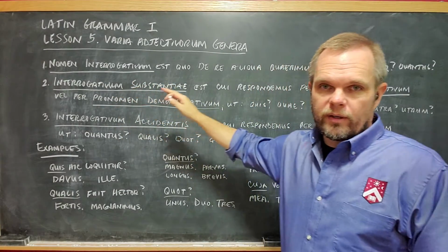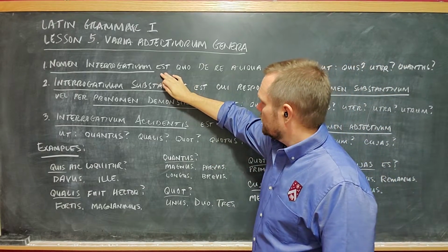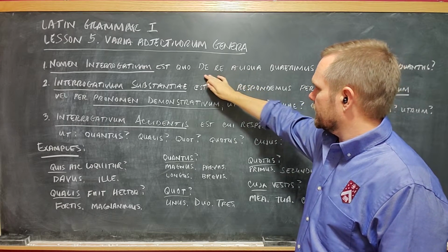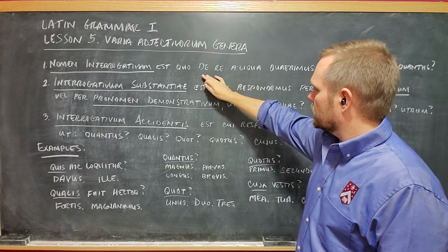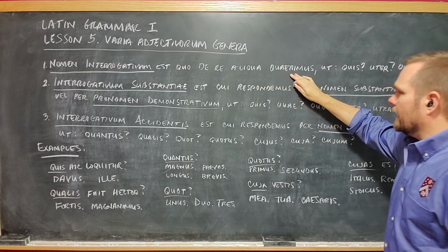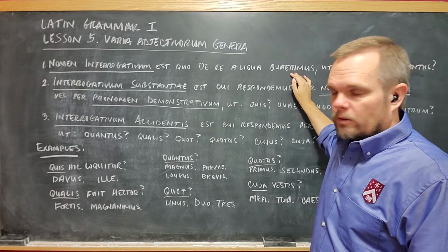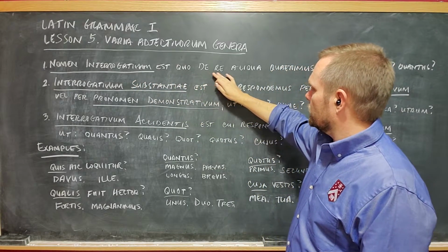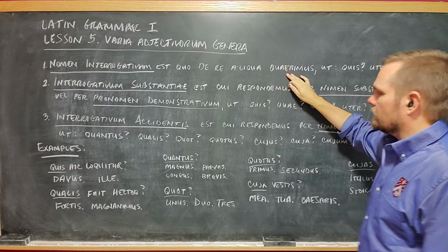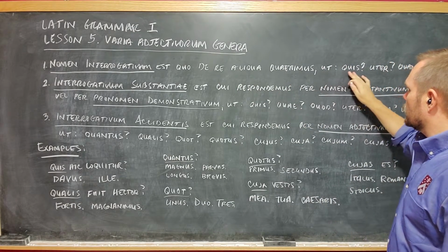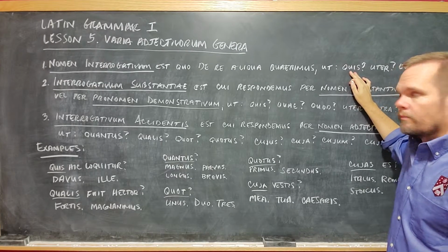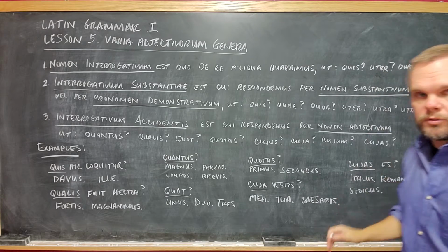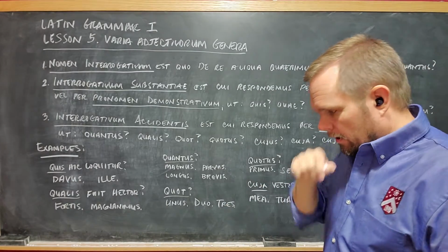An interrogative noun is that which concerning something, de re aliqua, concerning something we ask a question, such as quis, which means who, uter, which means which, or quantus, which means how much.